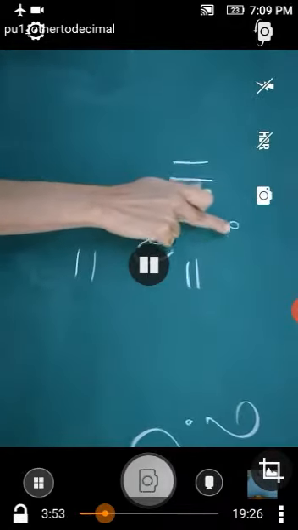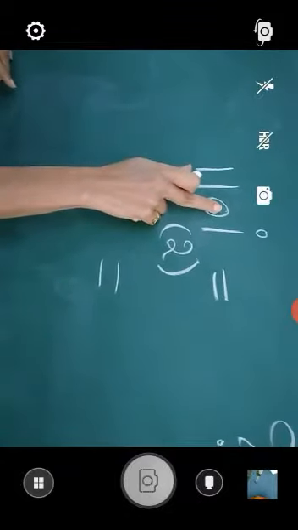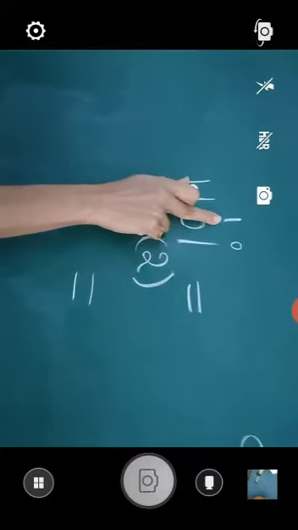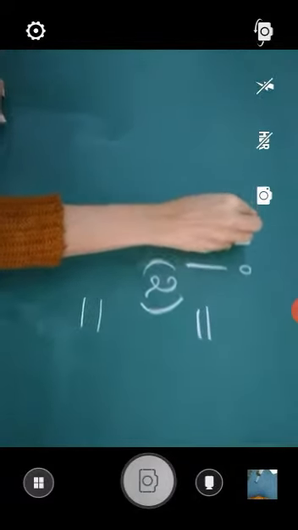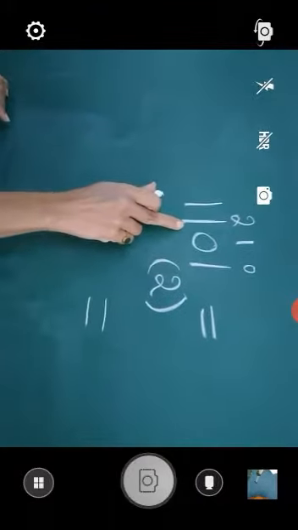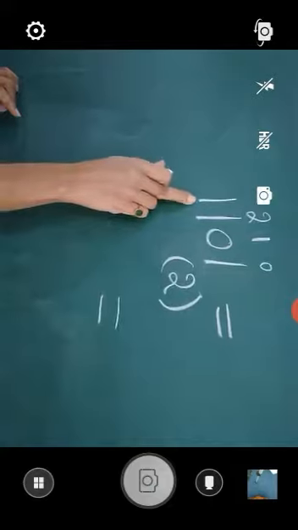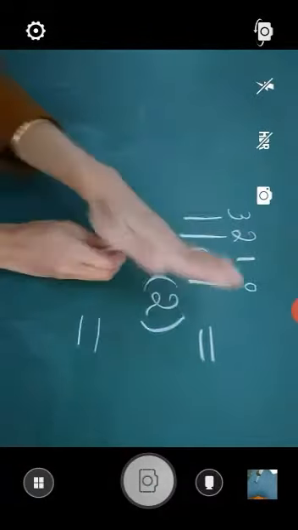Let me show you. I have considered here one example, 1101 to the base value 2, which means it is in the binary number system. Now I am determining its positional value. We know that the positional value begins with 0, and I have marked it.